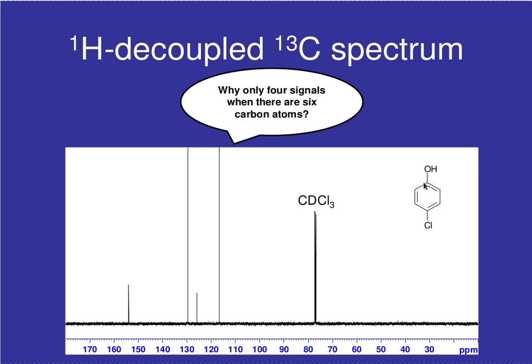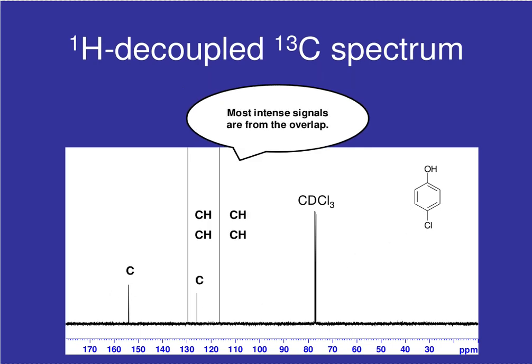But of course the quaternaries are different to everything. So the quaternaries are going to appear on their own, but of course the CHs, these carbons, are going to double up. So the most intense signals are from the overlap. So we know that we've got a CH and a CH and a CH and a CH. And of course the less intense are where we have a single carbon giving rise to that signal.